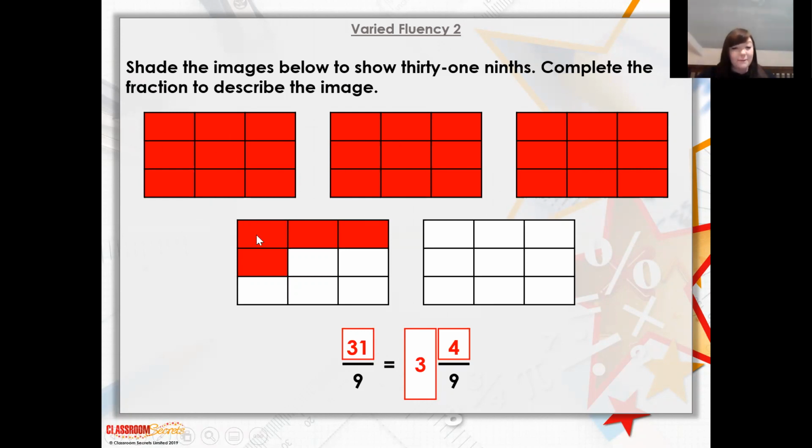And then what I have left is 1, 2, 3, 4 parts of a 9. So 31/9 equals 3 wholes and then 4/9. 1, 2, 3 wholes and 4/9. Just pause the video here and see if you can make sure that you understand that.